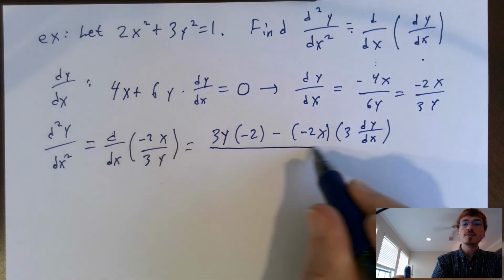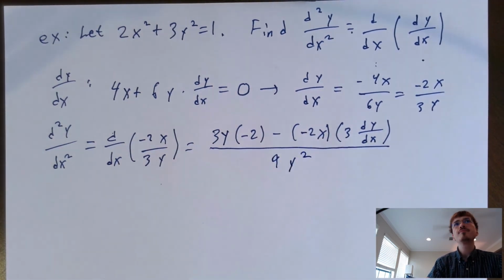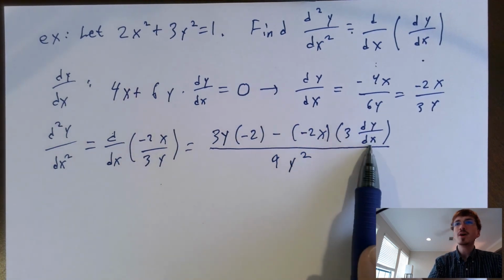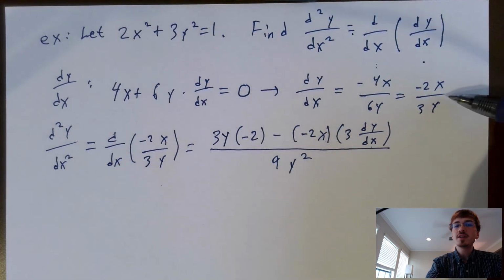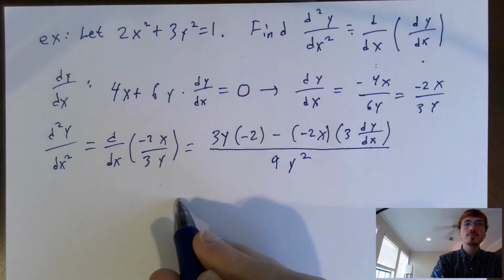Draw a line and square below. But I know what you're thinking. I have an x, I have a y. dy/dx is something different. But I know what dy/dx is because we already solved for it, right? Let's plug it in because we just want this with x's and y's.